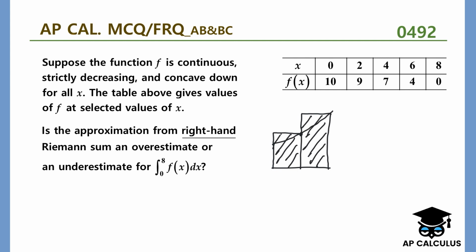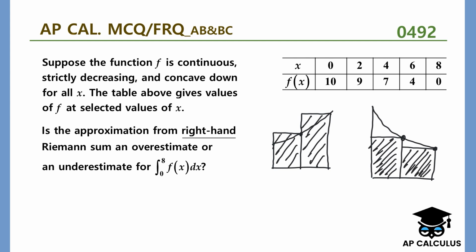If the function decreases, like that, then right-hand Riemann sum will be an underestimate, right? Because we are gonna have this area, the sum of these two rectangles, which is less than the area under this curve, right?